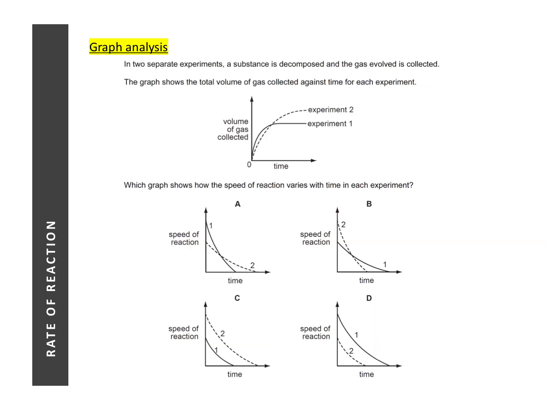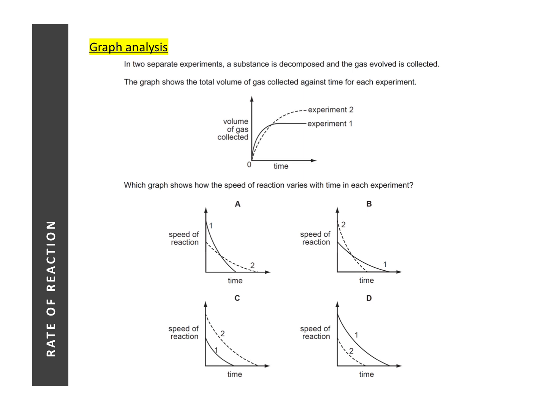For this question, it is slightly more complicated because we are now looking at two different graphs for experiment 1 and experiment 2, and we are supposed to translate volume of gas over time into rate of reaction over time. This question can be solved more easily if you can recall that whenever we look at rate of reaction graphs, there are three important points that we must focus on.